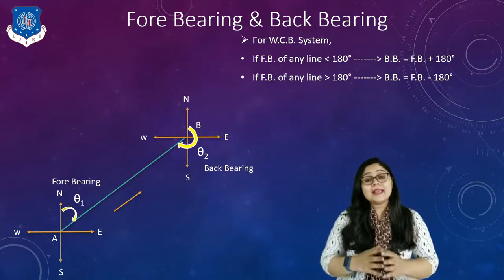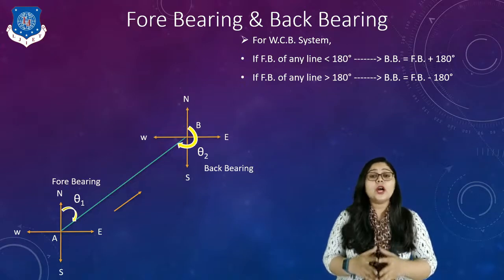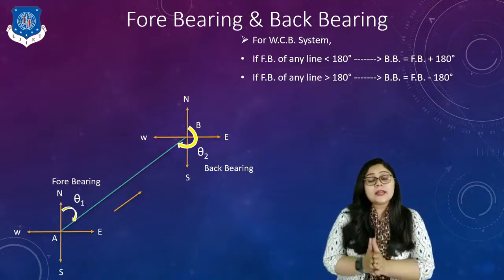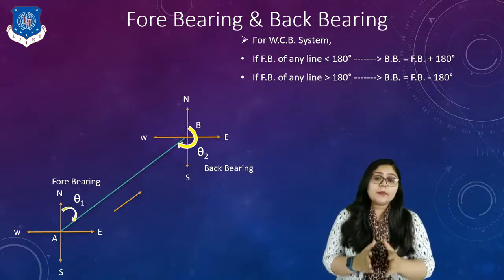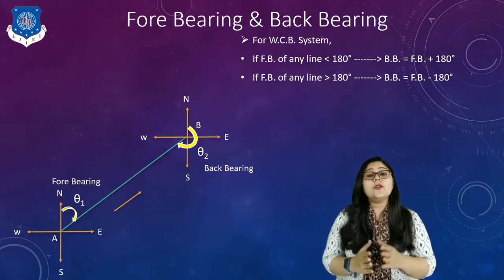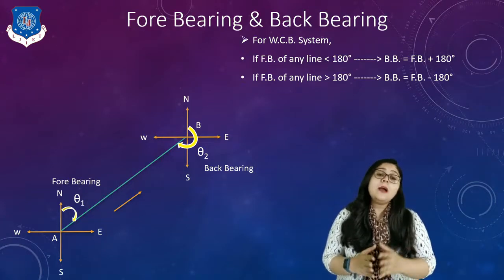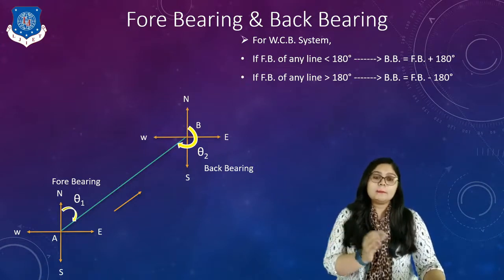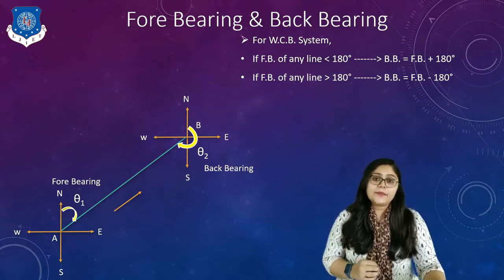It means if the forebearing of any line is less than 180 degrees, I can calculate the back bearing simply by adding 180 to that value. In the same way, if the forebearing of any line is greater than 180, the back bearing is equal to forebearing minus 180. So whenever it is high, you simply subtract it; whenever it is low, you simply add it, right?